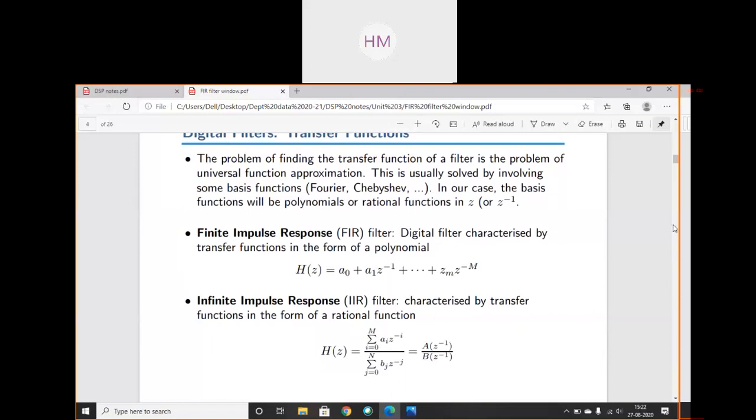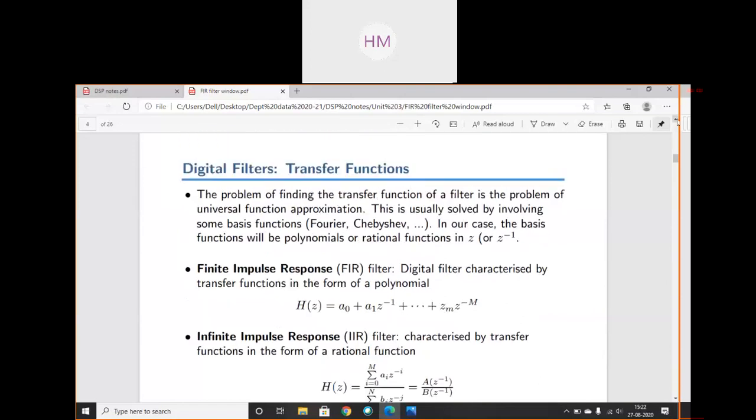Now digital filter transfer functions. We all know digital filter transfer functions very well, which we have discussed in the first unit. The problem of finding the transfer function of a filter is a problem of universal function approximation. This is usually solved by involving some basis functions like Fourier and Chebyshev, and many other functions are there.